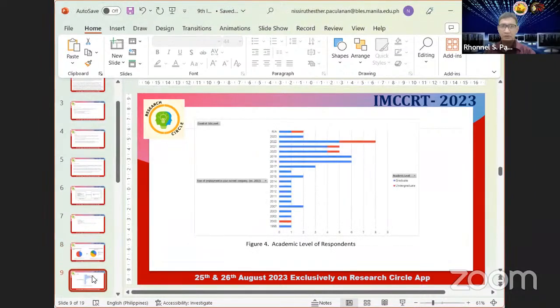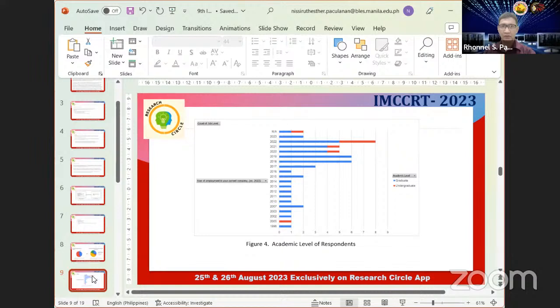This is more on the academic level of respondents. You can see that we start here from 1996, and then 2002, 2003, until the present job. The data collected revealed that 45 respondents, 86.54%, have a degree in an IT-related field, whereas the remaining 7, 13.46%, did not.